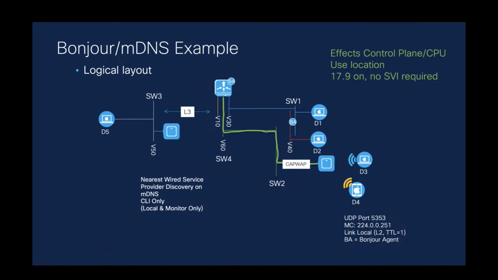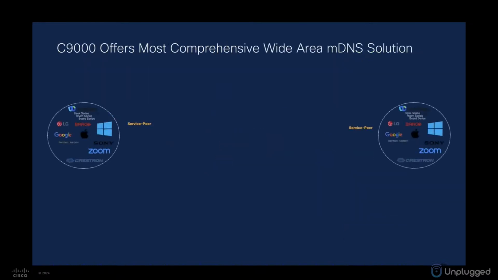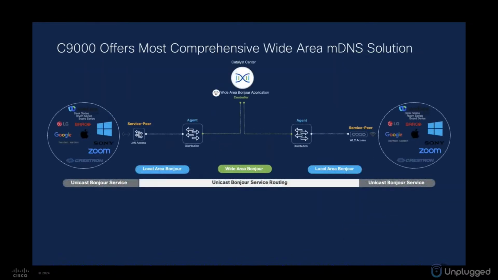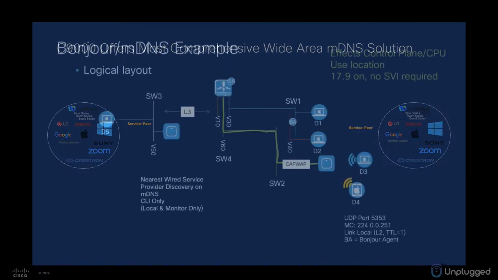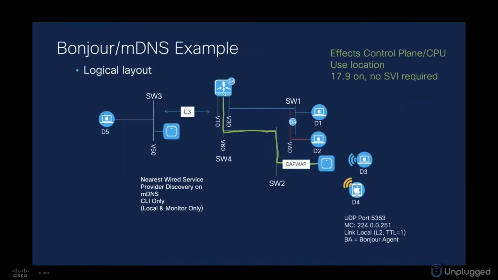I'll try to use the terms centrally switched or locally switched rather than local and FlexConnect. So this is a centrally switched access point. Let me back up here. Anything that enters that AP will get tunneled up to the controller. And then we have this other switch, layer 3 from the controller.